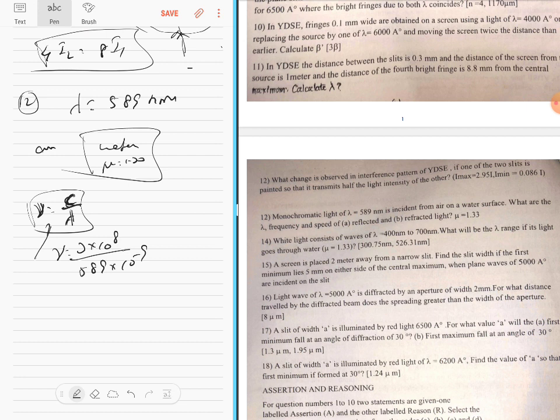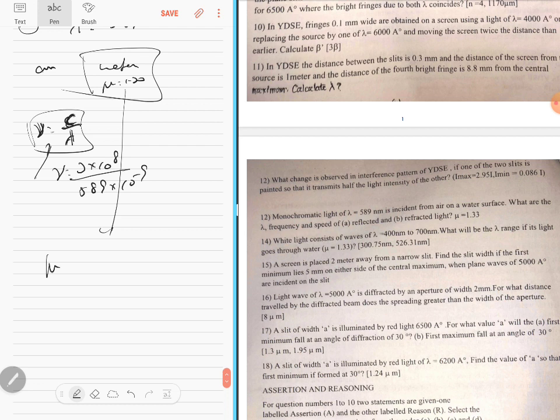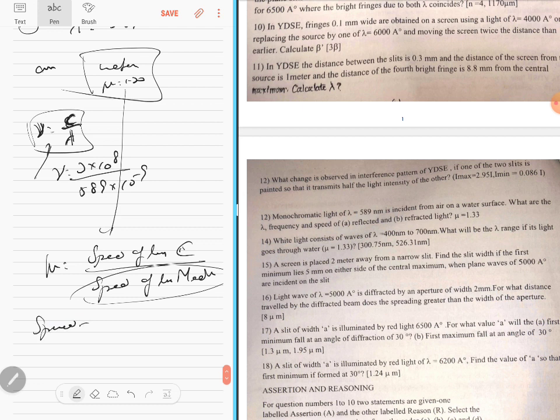Then, once you find the frequency, you want to find the speed of light in water. You know refractive index is equal to speed of light in vacuum by speed of light in medium. Here the medium is water. So speed of light in medium is equal to C by mu, where C is 3 into 10 to the power 8 and the refractive index is 1.33.